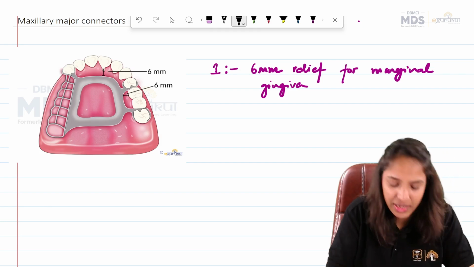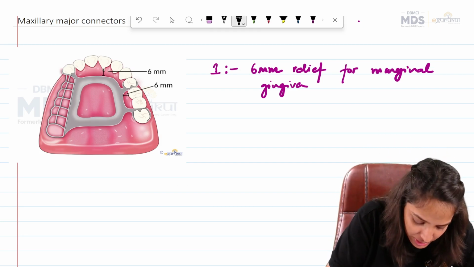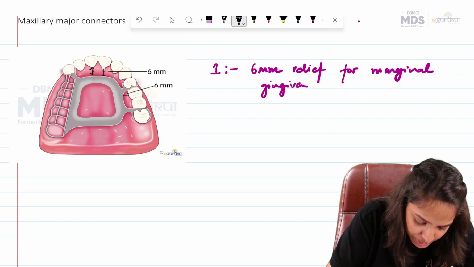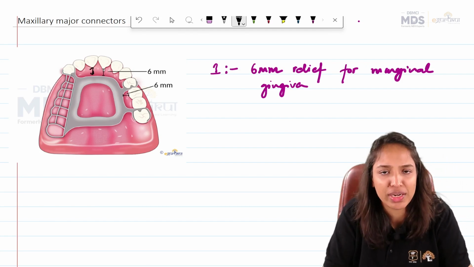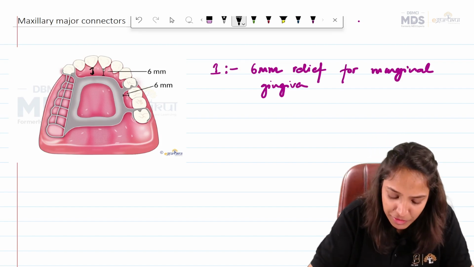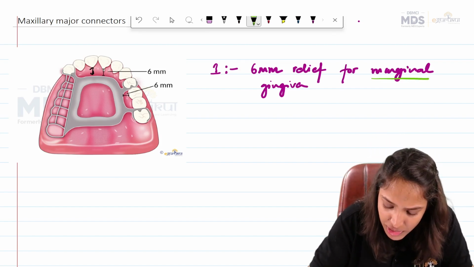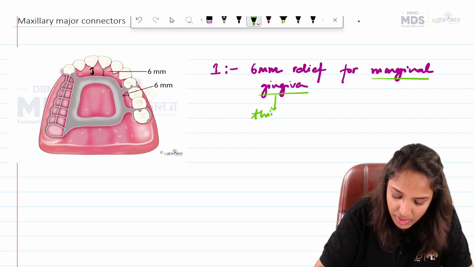Now, in any maxillary major connector, one must maintain a distance of 6 millimeters between the superior border of the maxillary major connector and your marginal gingiva. The reason for this is that marginal gingiva by itself is a thin and friable tissue.